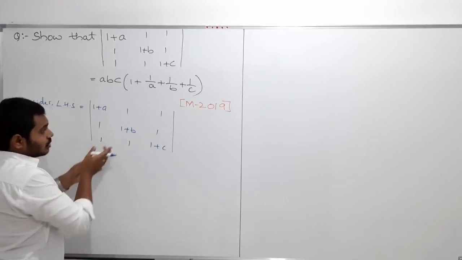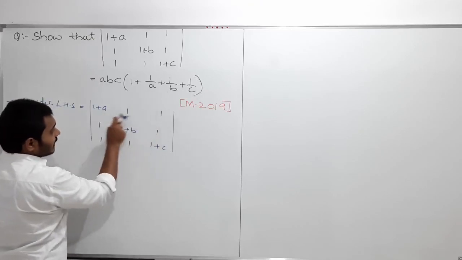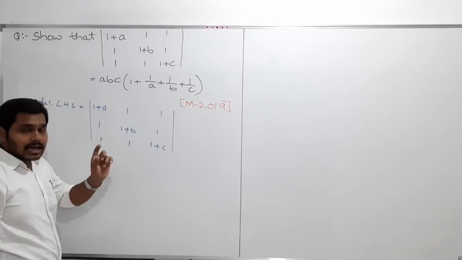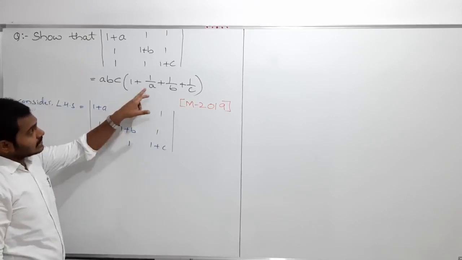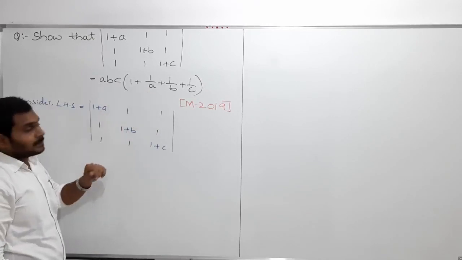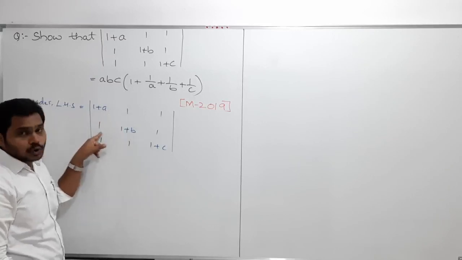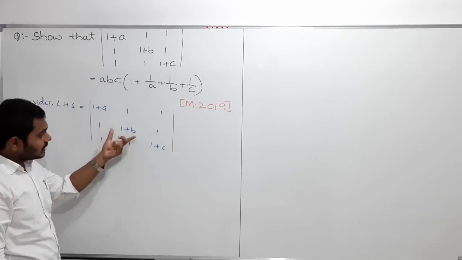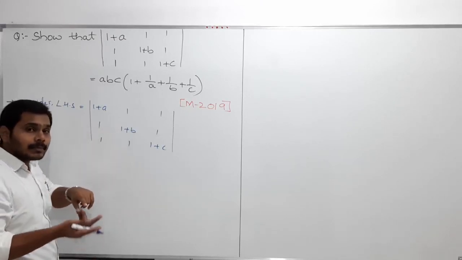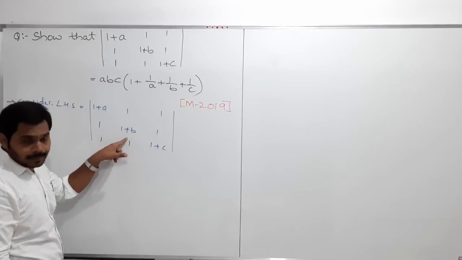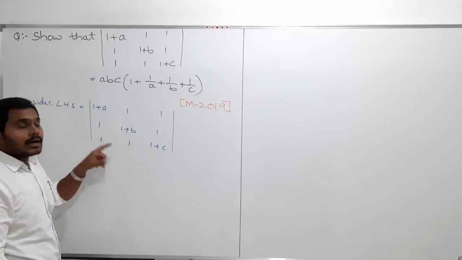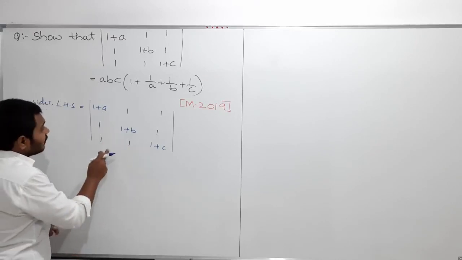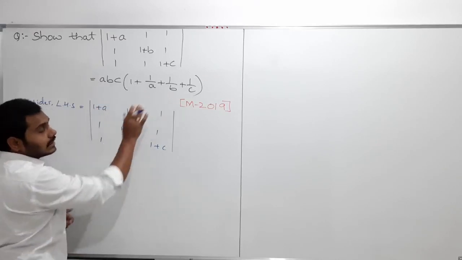I am taking these common because if I take A outside from row 1, then I get terms of the form 1 by A. If I take B from row 2, then the elements in this row will become of the form 1 by B. And similarly, if I take C common in the third row, then this will become of the form 1 by C. So next, if I add all those, I get this part.